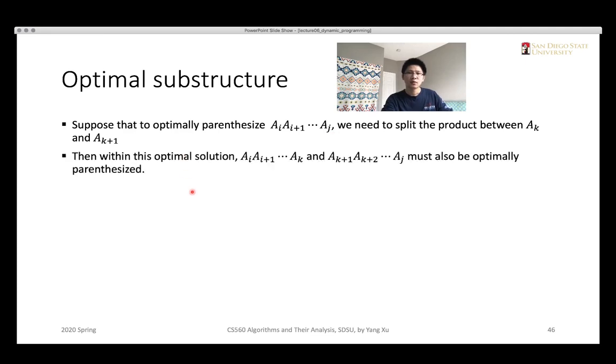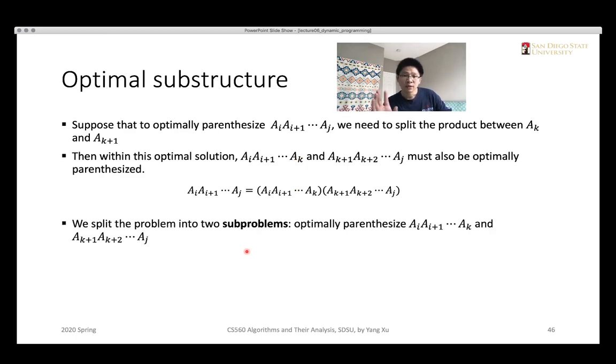And within these optimal solutions, the subchain from AI to AK and the second subchain from AK plus 1 to AJ must also be optimally parenthesized. So these two subchains are the subproblems that we need to solve. We can split the original problem into two subproblems. We must first optimally parenthesize the first and the second subproblem, and then we combine them together.